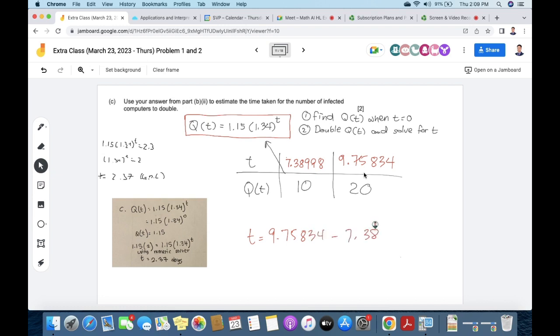Okay, can you tell me here what's the difference? Correct. So it's still the same. Do you get it?